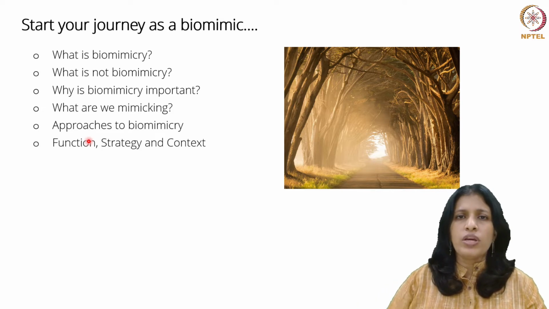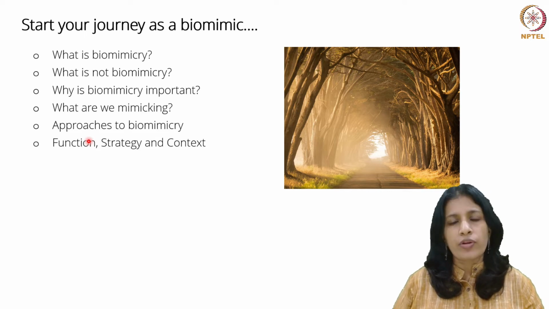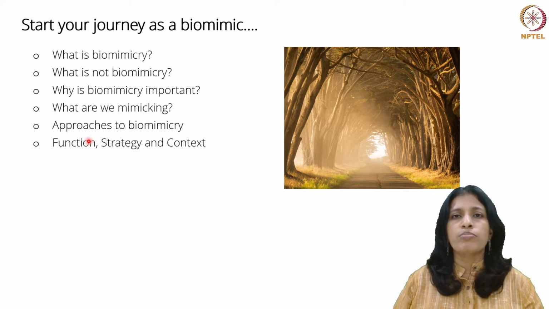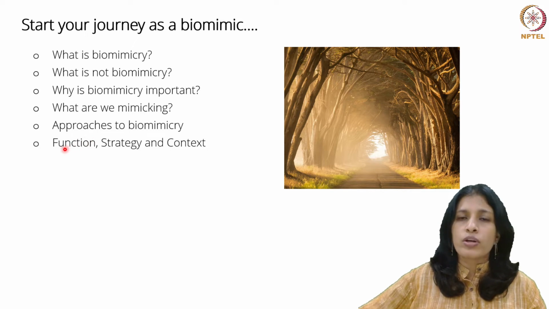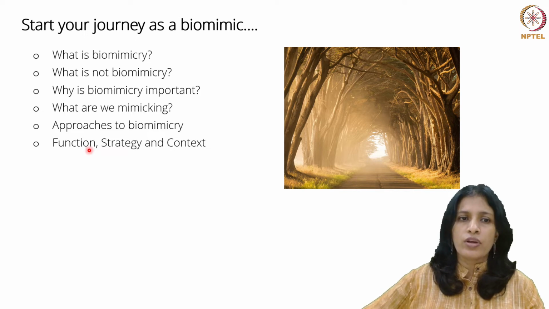Then we looked at function, which is the most important concept in biomimicry because it underpins all the learning in biomimicry. Function, of course, is what something does, what the outcome of something is, and in the context of nature, it is what an organism does to survive. And that's what we look at when we imitate in biomimicry.